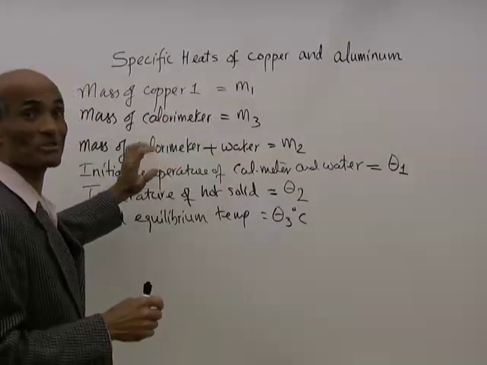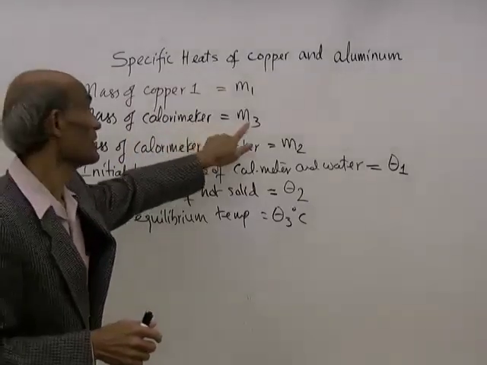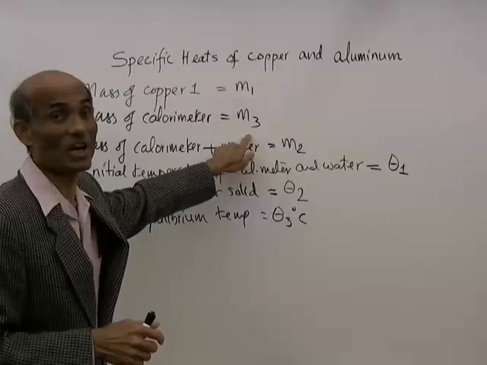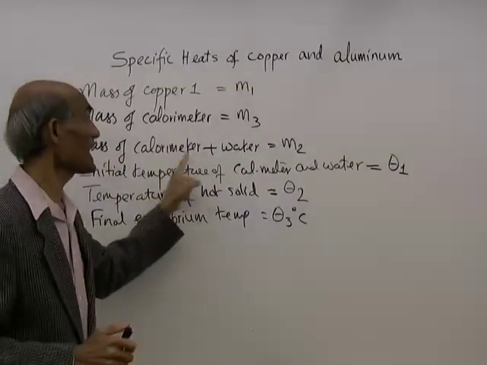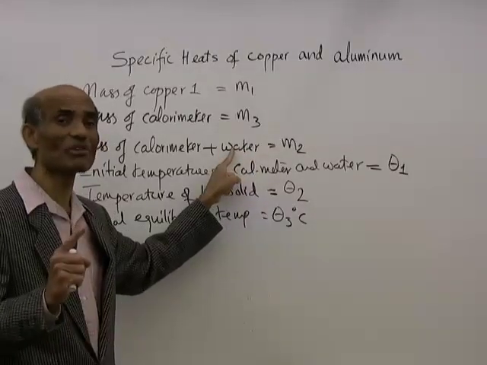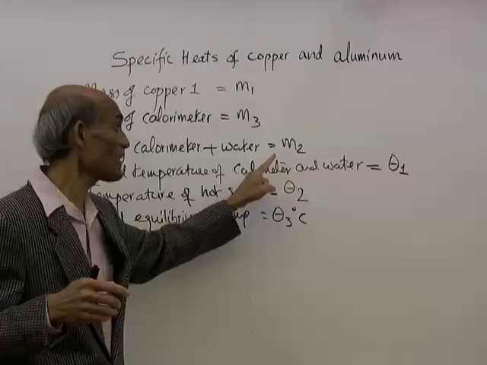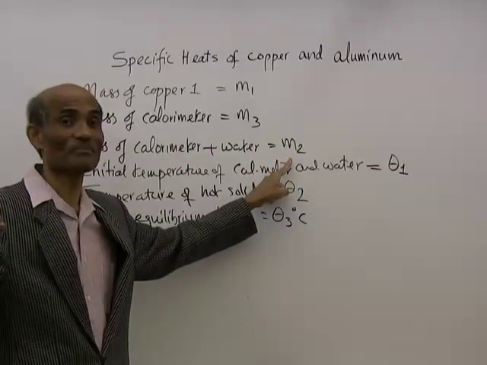Well, you don't need to measure the calorimeter all the time. Once you have measured once, that will remain a constant. And also the mass of calorimeter plus water. We are taking 80 milliliter of water every time. That means that M2 will remain a constant.